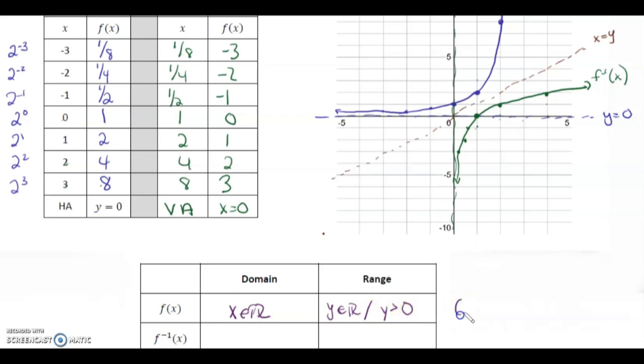The other way you can do this is 0 to infinity. You can choose either method here to write. It does not include 0 because there's a horizontal asymptote at 0. For x in the reals, you could also put negative infinity to infinity. That's another way of writing that.